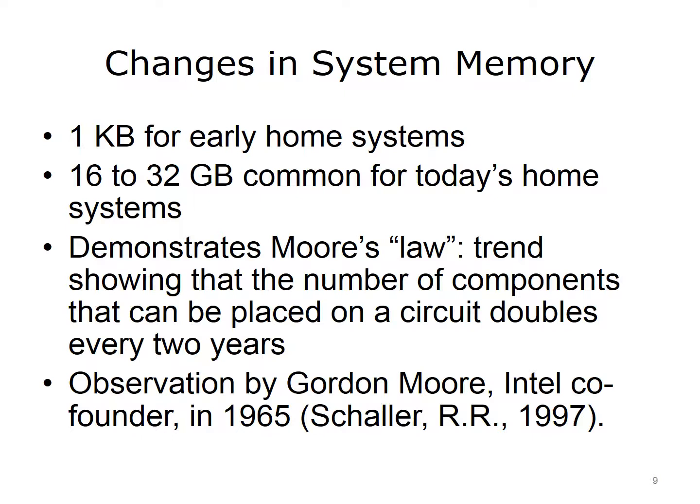A commercial computer server can be easily purchased today with 96 gigabytes of internal memory. Increasing available memory is a demonstration of Moore's law, which is an observation that the number of components that can be placed on a circuit doubles every 2 years. This observation was made by Gordon Moore, the co-founder of Intel, in 1965.